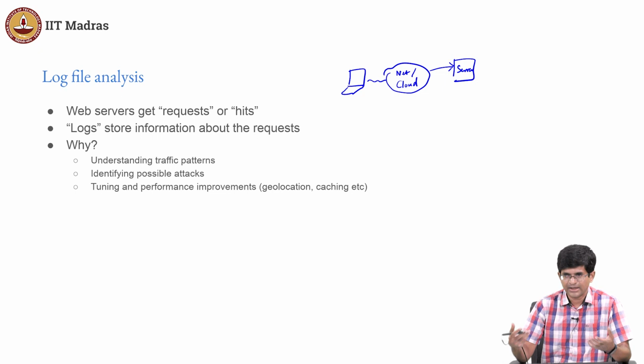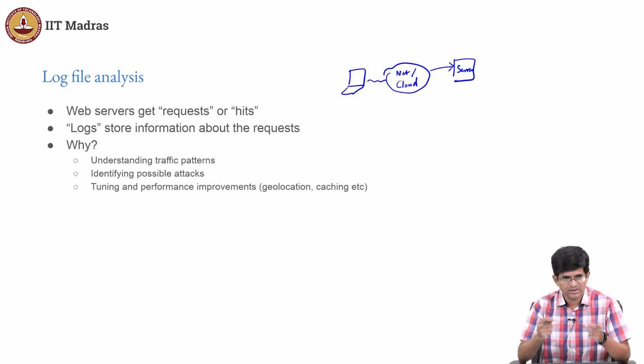But as far as the network is concerned, the actual client in this case is the browser, which is issuing requests. Okay. So what does a request look like? It's just a packet of information which basically says, okay, I want something. It basically has the name of a file or something else that needs to be retrieved from the server and returned back to you. Okay.